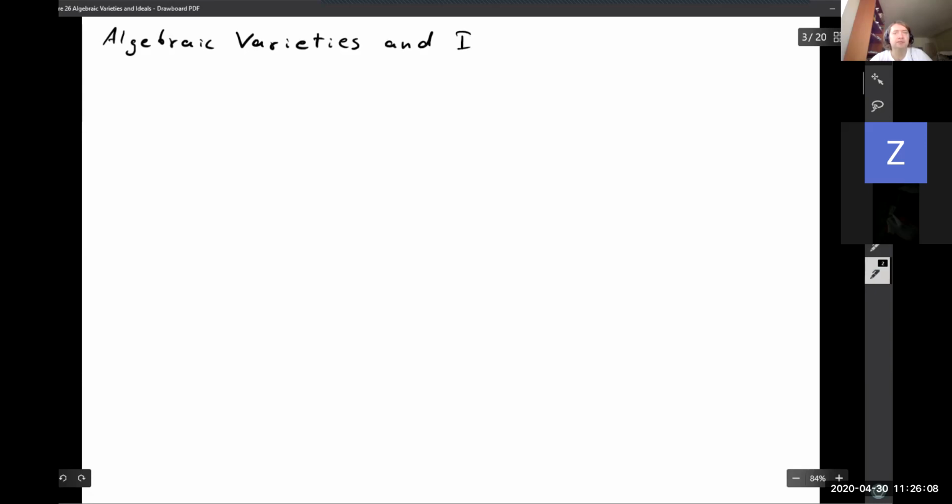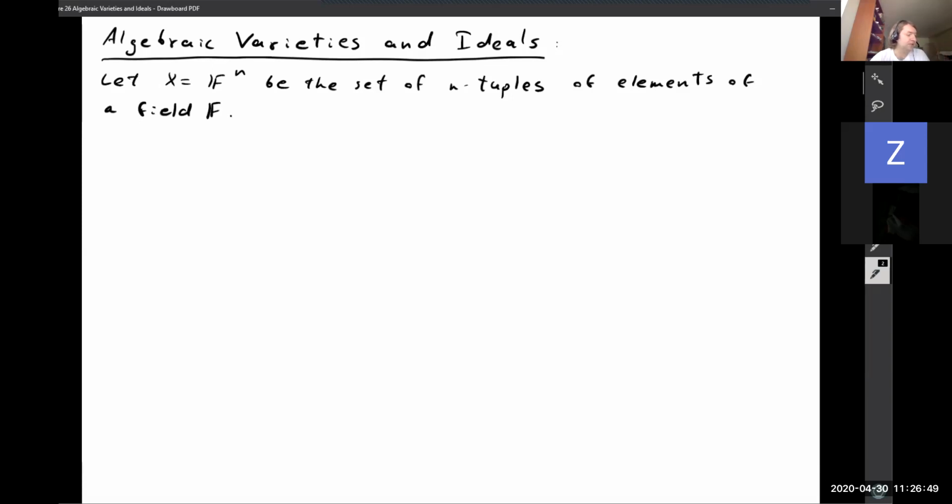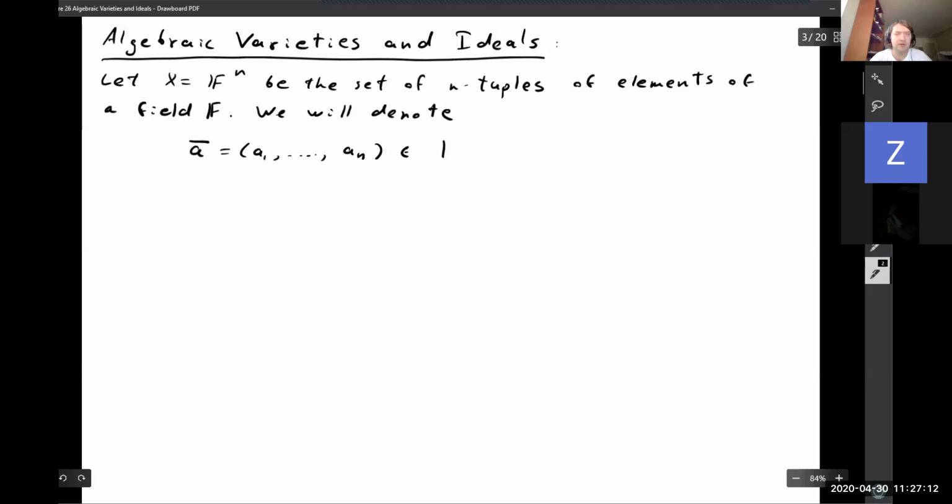So again, let for now X be the set of n-tuples of elements of a field F, and we will denote elements of this set X as vectors, note A with overline, to be the n-tuples of elements in F^n.